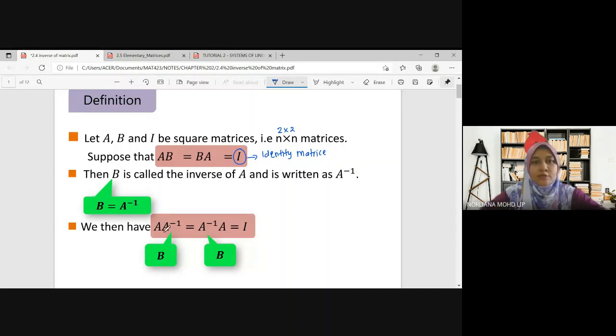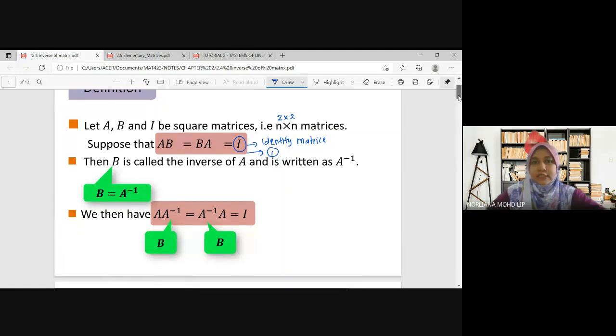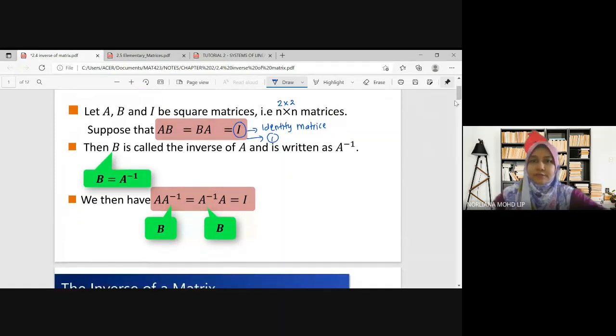We then have A times A inverse. We substitute B equal to A inverse into equation number 1. A times A inverse is equal to I, where I is the identity matrix.